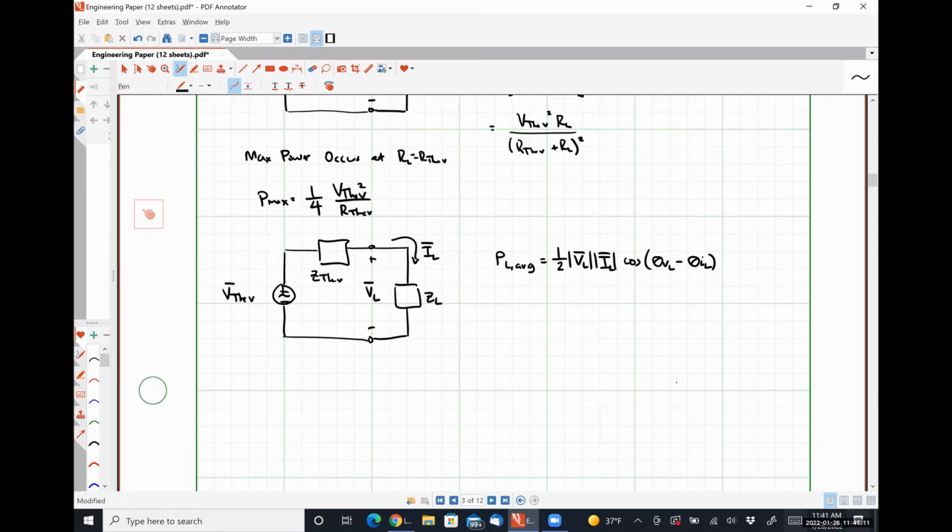So what I mean by that, we can see that phasor voltage VL is the phasor voltage V Thevenin multiplied by ZL over Z Thevenin plus ZL, just using voltage division like we did in the DC circuit above. But now I'm going to break things down. I'm going to use a rectangular form representation for my impedances.